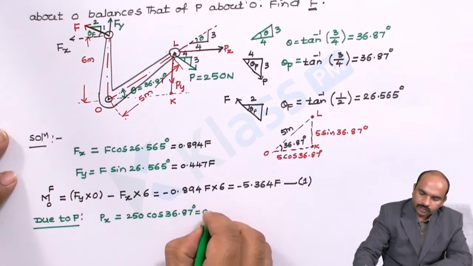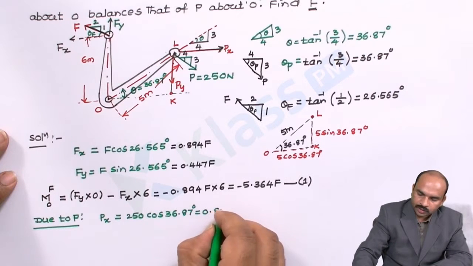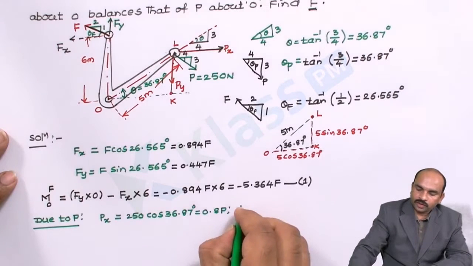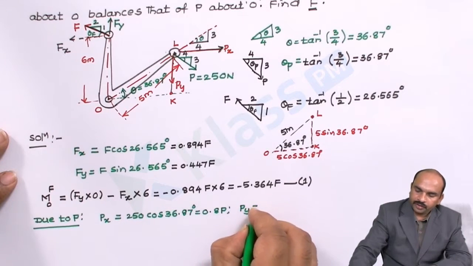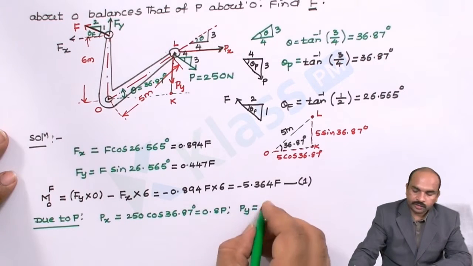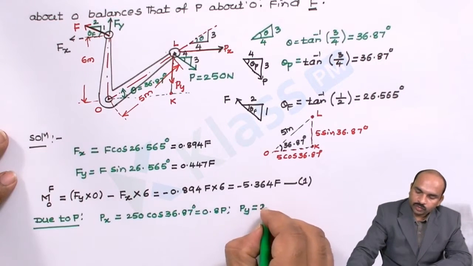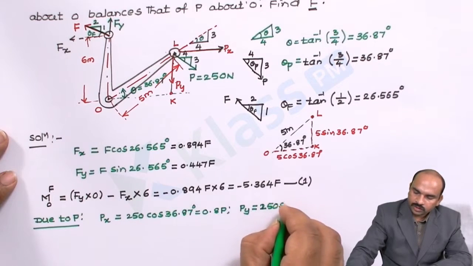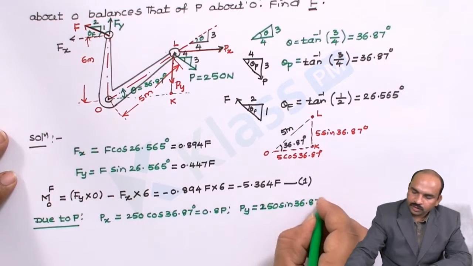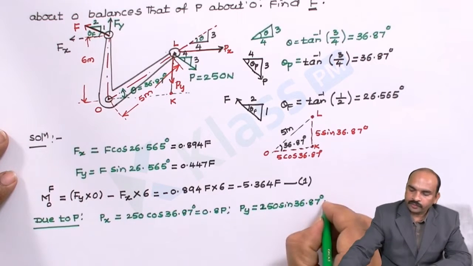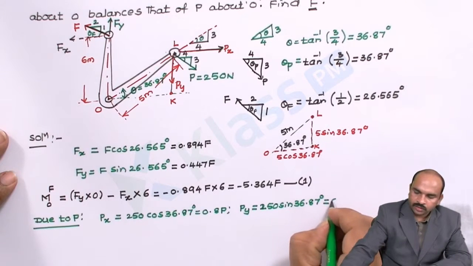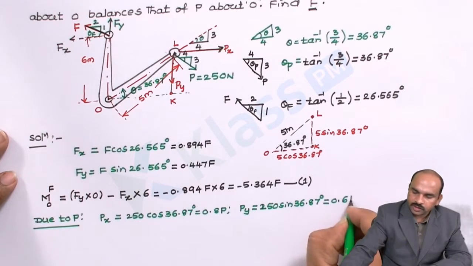So that equals 0.8 P. Similarly, we can also calculate Py, that is the component of force P along the y-axis, that is 250 sin 36.87 degrees. So its value we are getting as 0.6 P.